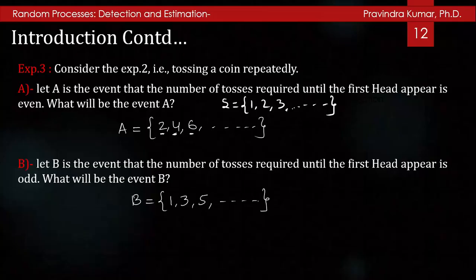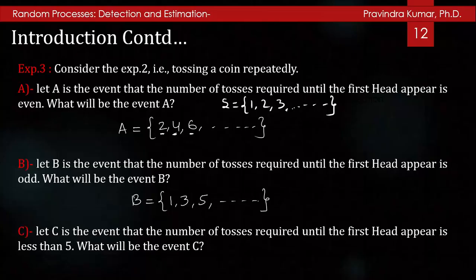Event B will be 1, 3, 5 and so on. And third, let C be the event that the number of tosses required until the first head appears is less than 5. What will be the event C? Here the number of tosses required will be less than 5, so the event C will be 1, 2, 3, 4.